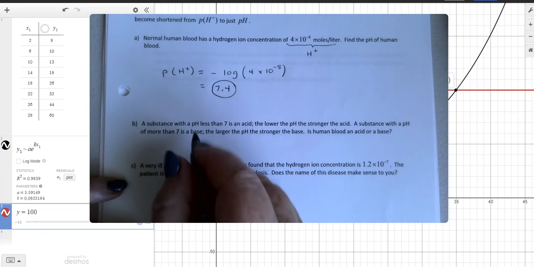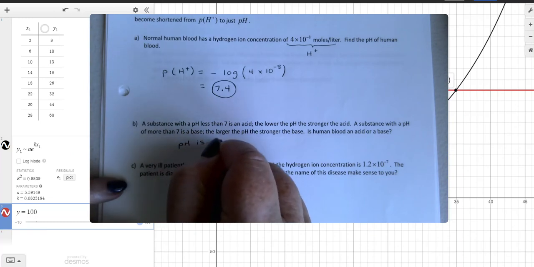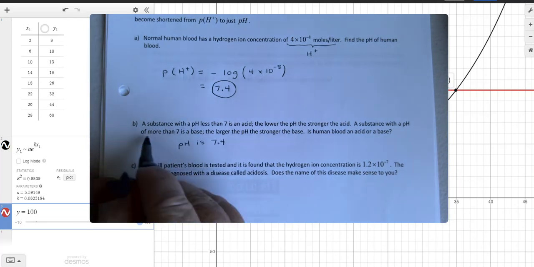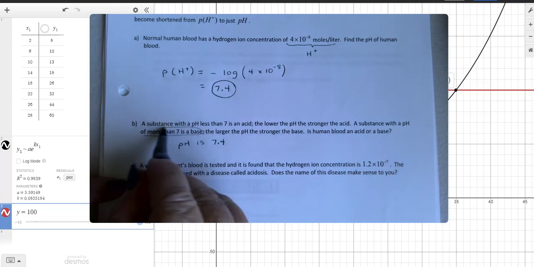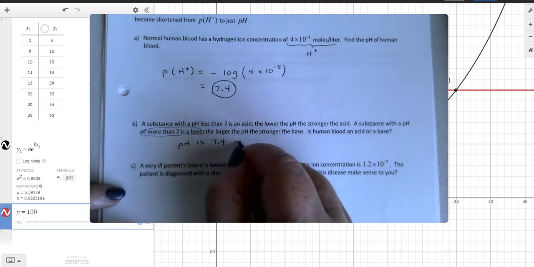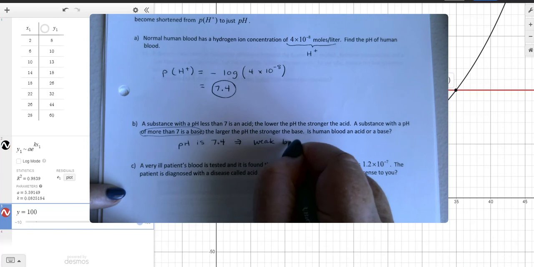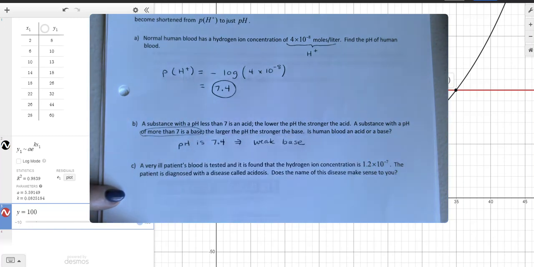Well, notice with a pH of 7.4, it's actually more than 7, just slightly. So we'd say human blood is just ever so slightly basic, not acidic. So it'd be a very weak base. It's not much more than 7, so it's not a strong base.